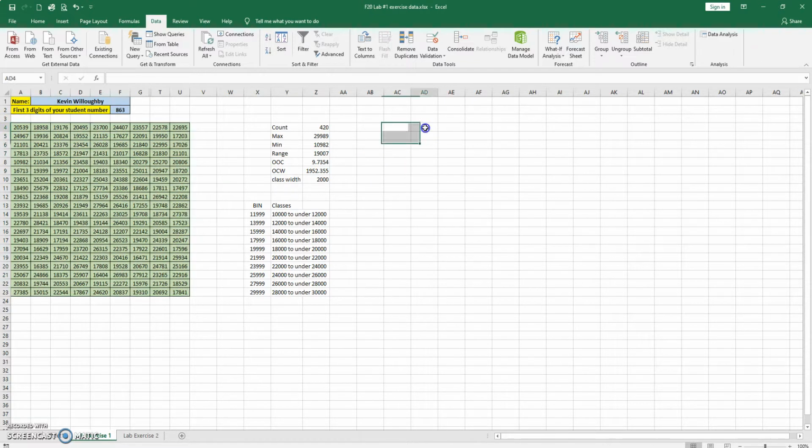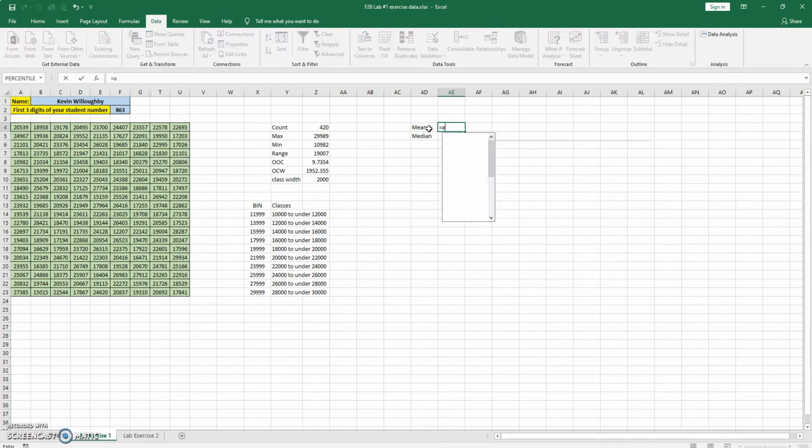Remember the name that we used, so we can put in here the mean, or you can type in the average, and the median. The function for mean is average, bracket, highlight all your data, or enter the name of your data. My average is just over 21,400. You will have a different average as well.